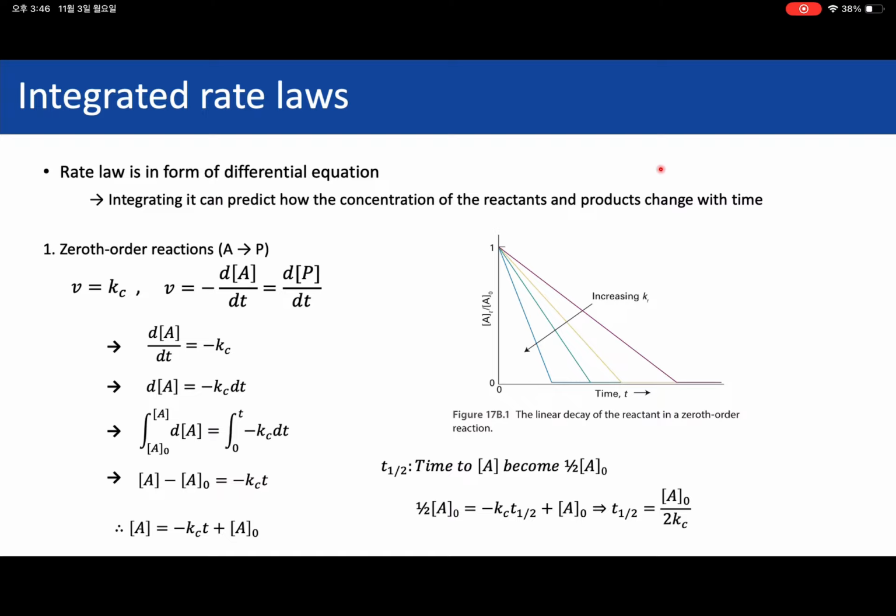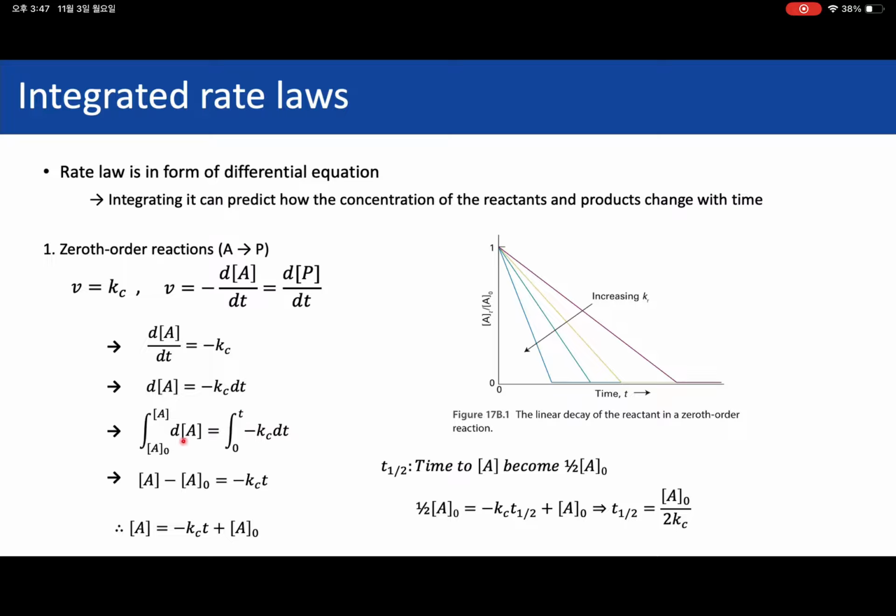Now we can move this dt over to the right hand side, so we can rewrite it in this form. And if we integrate the left and right hand sides, we are integrating dA from A0 to A, and dt from 0 to t.